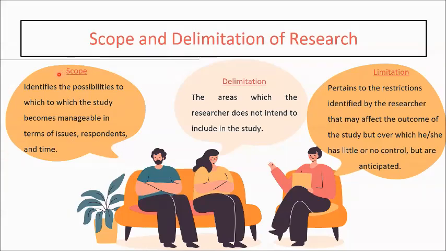Okay? But don't worry in writing a research paper. It depends on your thesis advisor kung ang ipapagawa niya sa inyo is scope and delimitation or scope and limitation. Okay? So, pipili lang sa dalawang yan. So, to give you an example of scope and delimitations, so these are the contents.